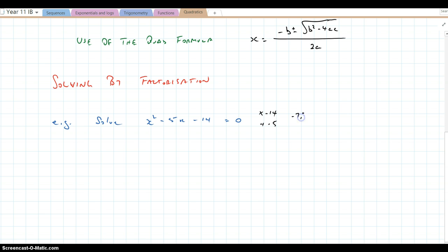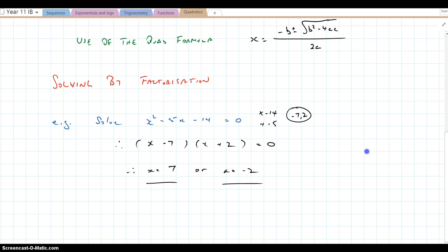Minus 7 and 2. Hopefully you got there faster than me. Those numbers now, because we know that this is an x, x situation, I have to lead with x in each bracket, and the minus 7 and plus 2 join in. So pretty simple stuff. Solving now, x is equal to 7 or x is equal to minus 2.